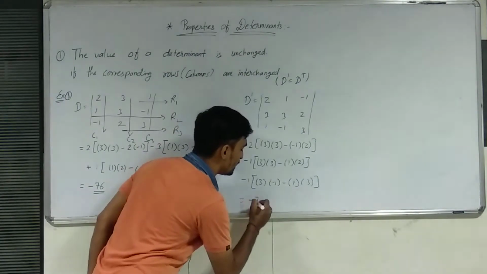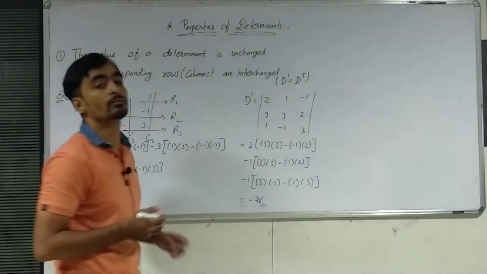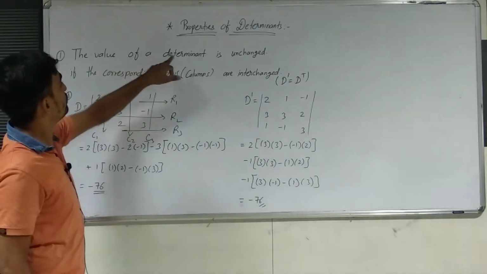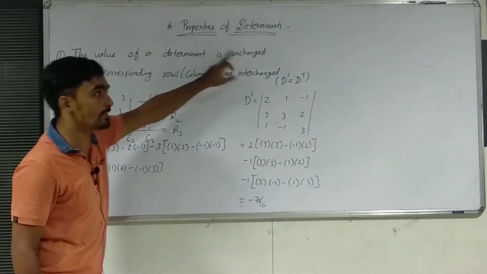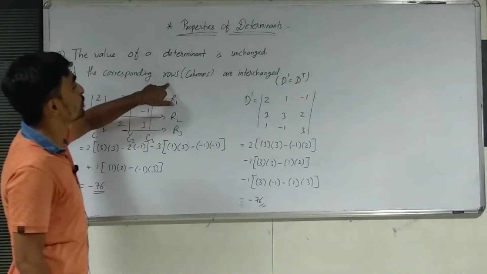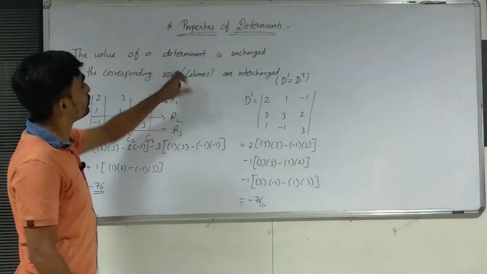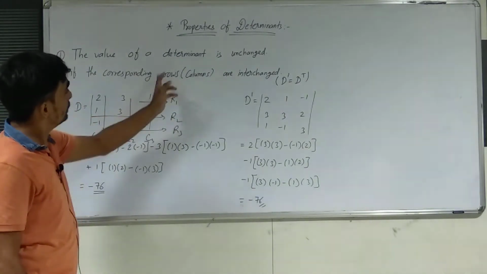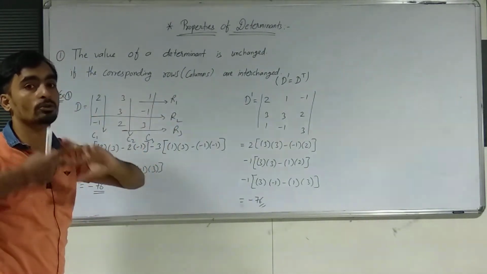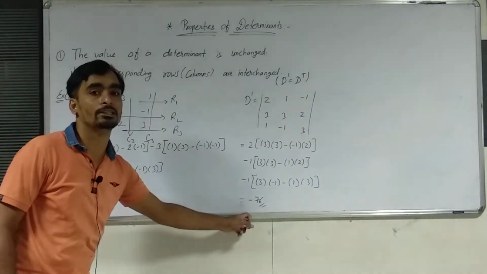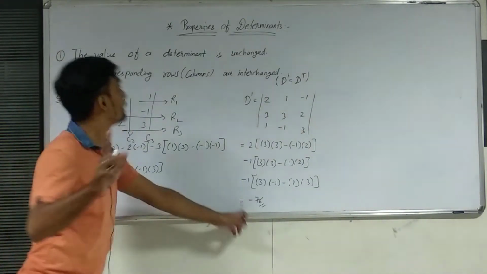Simplifying this you will get minus 76 again. So the property is that the value of a determinant is unchanged if the corresponding rows and columns are interchanged. You can do the same for columns. If you interchange rows and columns of any determinant, the resulting answer will be the same. This is your property number 1.